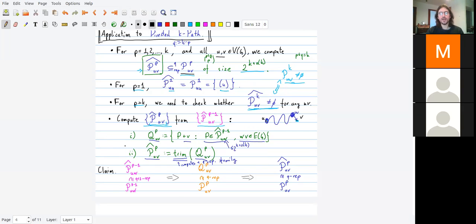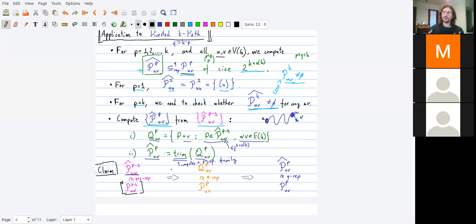The claim about correctness is the following: by the induction assumption, I know that these families P for u, w, p minus 1 q plus 1 represent the families of all possible partial solutions of length p minus 1.